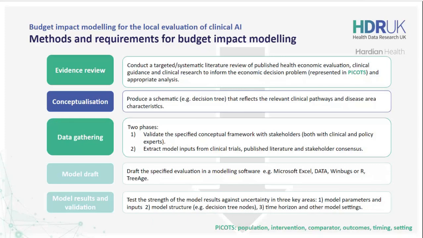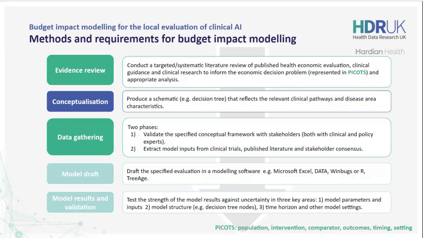So in terms of the typical process or methods that are followed to produce this type of analysis, these 5 key steps are internationally recognized and published by ISPOR, the International Society of Pharmacoeconomics and Outcomes Research, which really is the founding institution of health economics and outcomes research. So you begin by conducting a literature review that could be targeted or systematic.